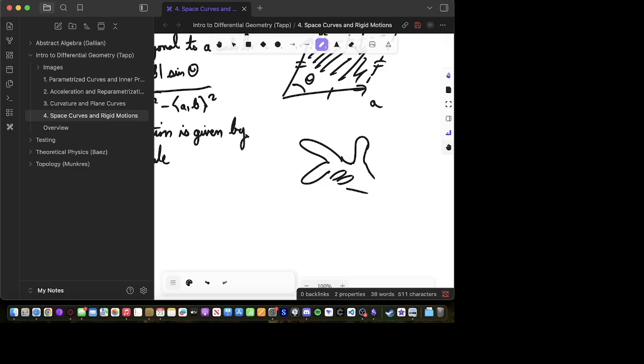This is a very badly drawn hand, but if the index finger points in the direction of A and the middle finger points in the direction of B, then the thumb, if you stick it perpendicular to both of them, is in the direction of A times B.